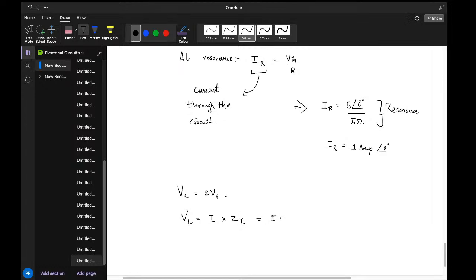So this can be written as I into Z of L. The value of Z of L is 2 pi F times L over here, or you can just write it as I multiplied by WL, where W is 2 pi F. Now we know I is 1 ampere over here.